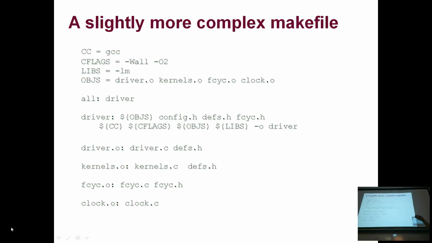Yeah. So why is there the objects again when the line is right there? So this is the rule to compile it. And so in order to compile the final binary called driver, it's going to paste together all the object files that consist of it. Yeah, so this is included because you need those .o files. Because what the compiler will do in the final linking step is that all the libraries from the math library, all the object code that you've written, they all get pasted together and then put into the driver.